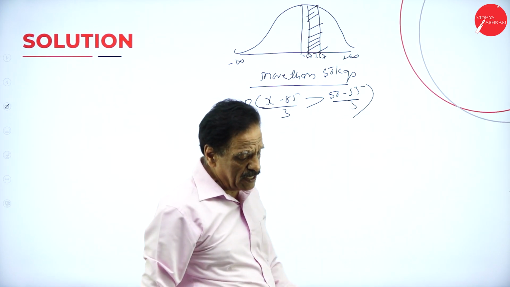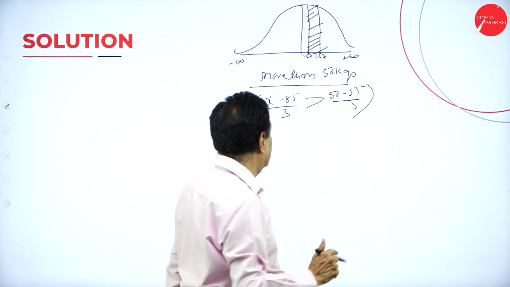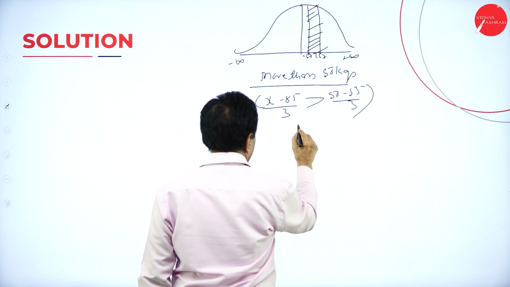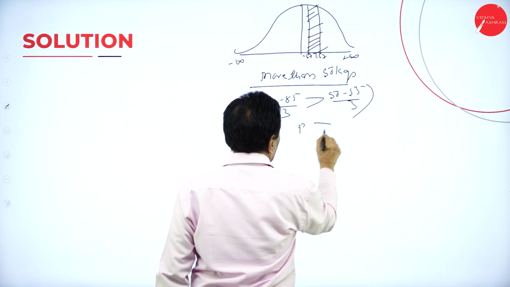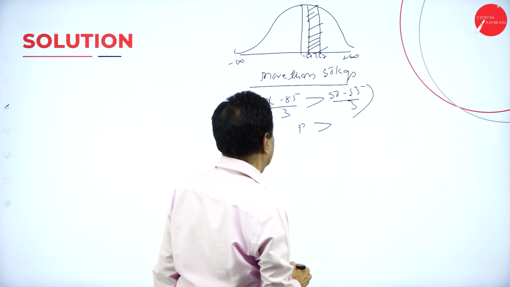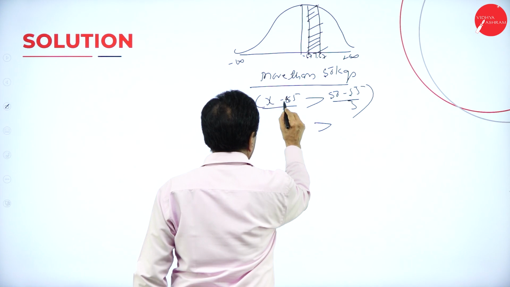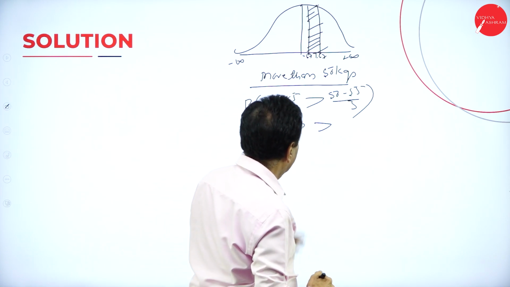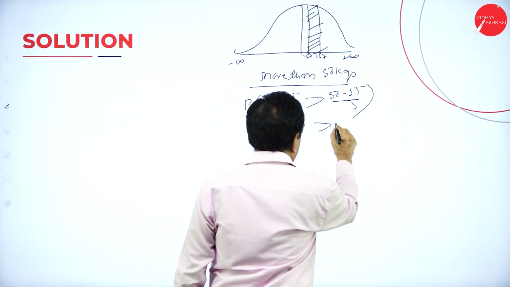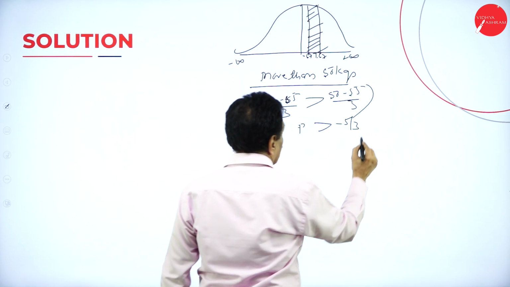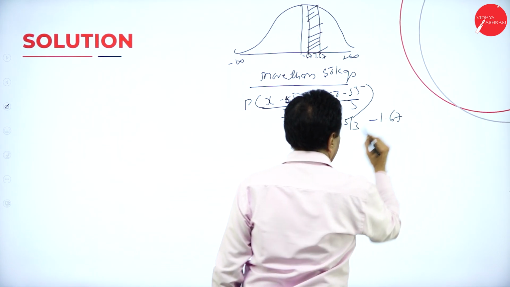This is the way you have to write. 50 minus 55 is minus 5, divided by 3, minus 1.67.